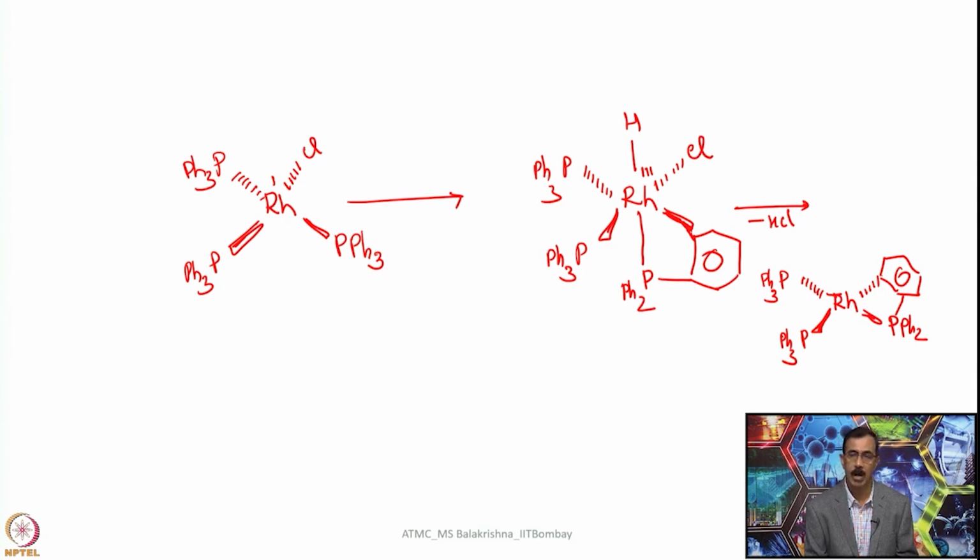Or if you heat it a little bit, the HCl elimination can be seen, or the elimination can be speeded up by adding a base such as triethylamine. Triethylamine can abstract HCl to form triethylammonium chloride, and this reaction can proceed to eventually give the orthometallated product.